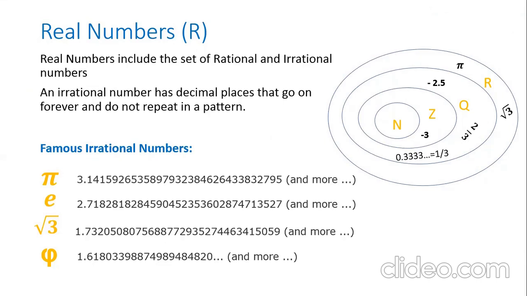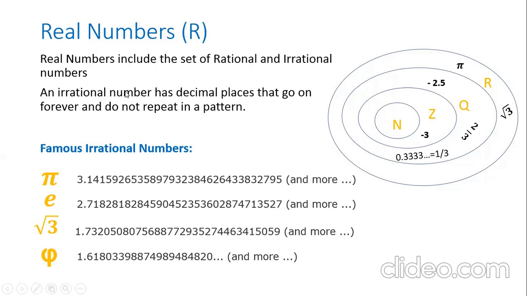And the set of the rational numbers was the biggest, and it includes the set of integers and the set of natural numbers. Now, let's see what kind of numbers might belong to the set of real numbers, which don't belong to the set of rational numbers, which we represented by Q.